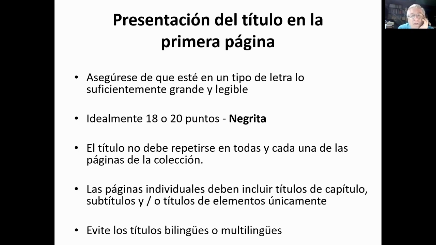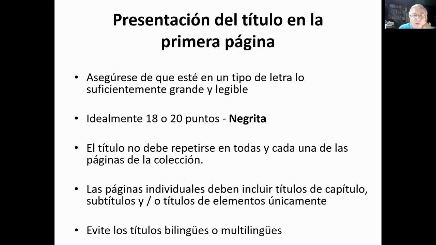The title on the title page has to be large enough and in a legible font. I was actually just going over an exhibit today where the exhibitor did everything in capital letters. Every single word from beginning to end of 8 frames was all in capital letters. And I have to say it was one of the hardest exhibits to read.